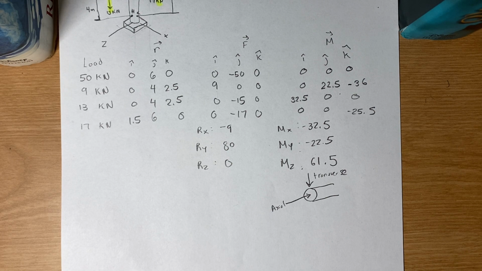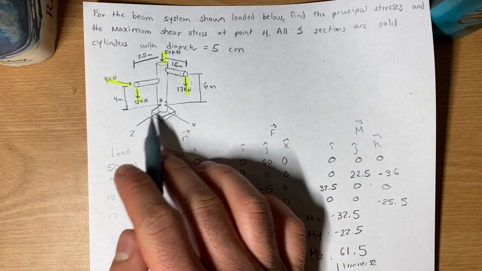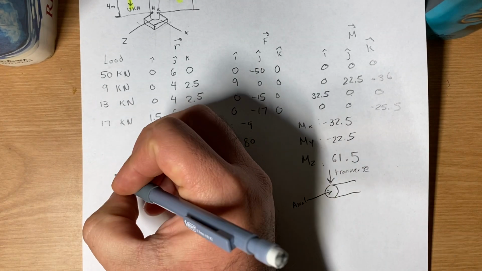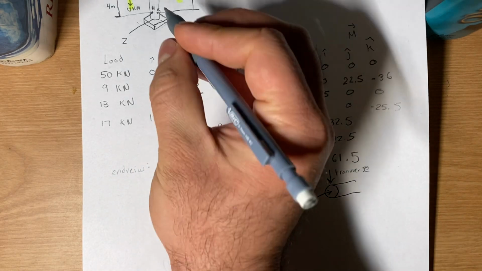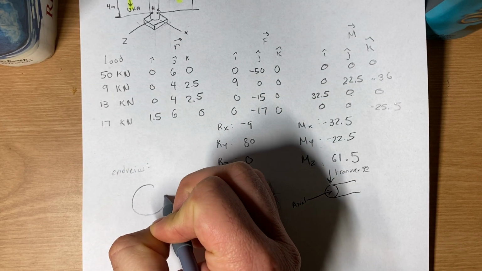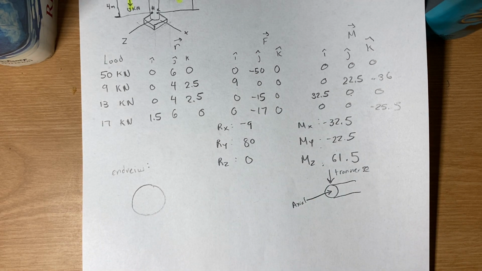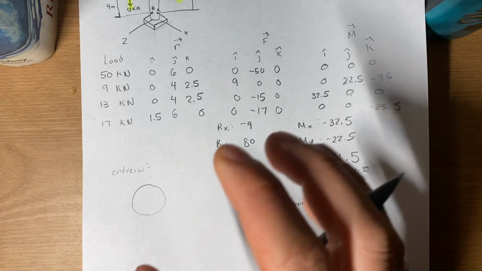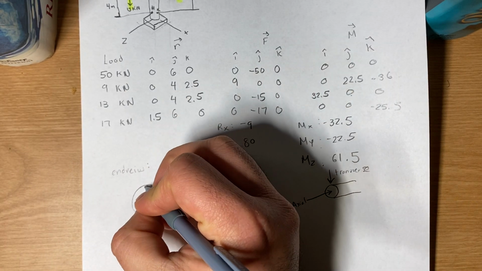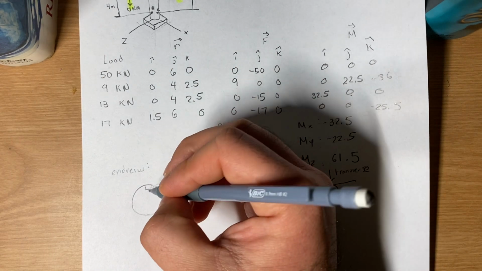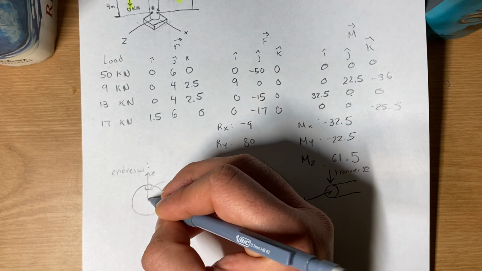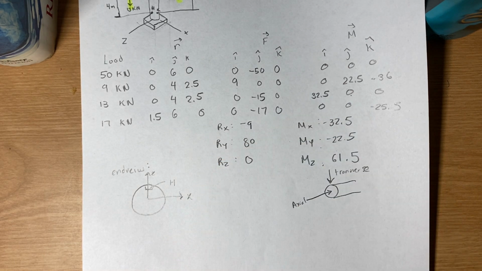Say we have the end view, looking at it from the bottom, so we're going to have a circle. If I rotate it a little bit and put my H at the top, I'm left with my axes of Z and then X that way.